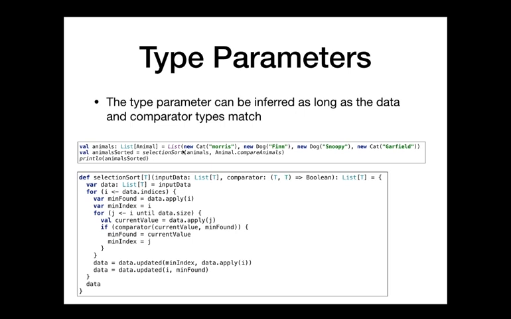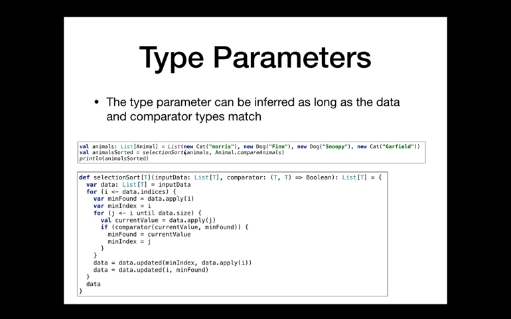You would put it right here in brackets. You would say, in brackets, animal, and then call the method, which sometimes you'd have to do. For example, if you had a list of just cats, a list of type cat, but you wanted to use the animal comparator, Scala might get a little confused. You might have to specify that I'm using animal as my type parameter, not cat.